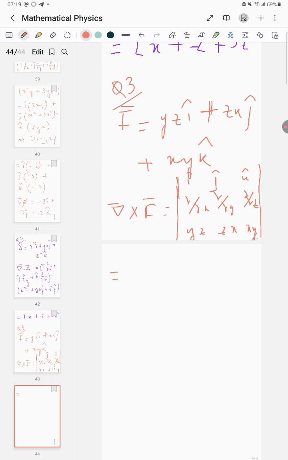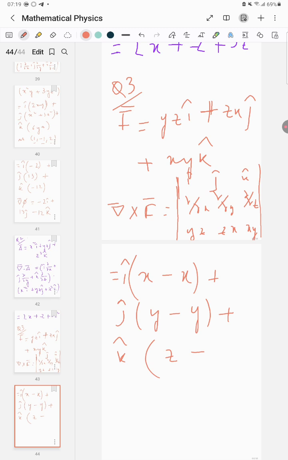So its value will be I cap: del y of xy is x minus del z of zx is also x, plus j cap: del z of yz is y minus del x of xy is y, plus k cap: del x of zx is z minus del y of yz is z.